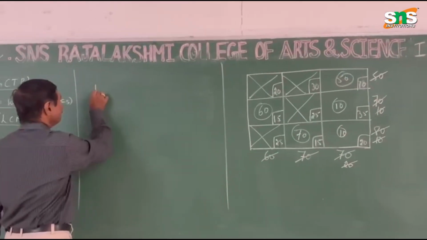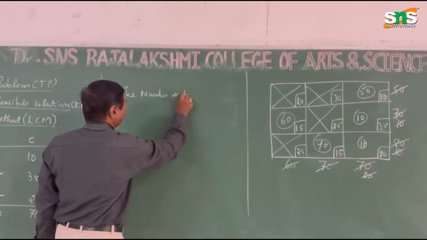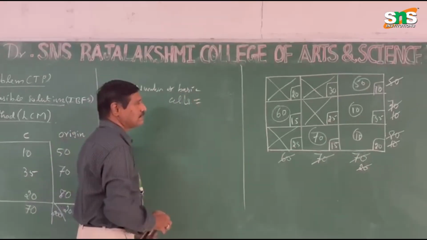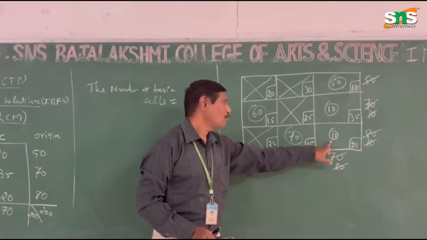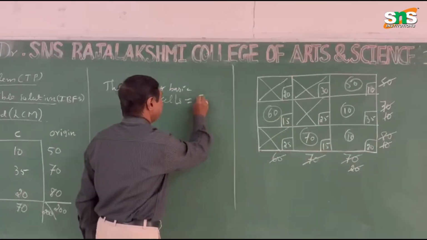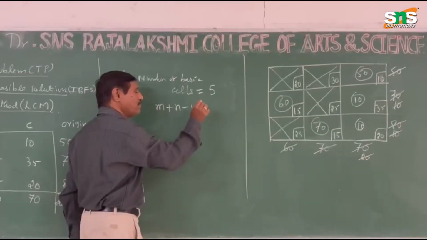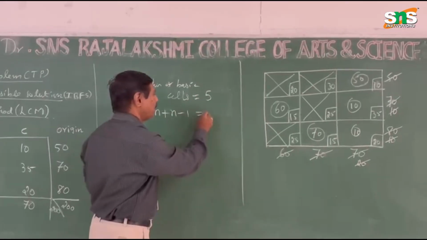Therefore, the number of basic or occupied cells: 1, 2, 3, 4, 5. There are 5 cells. Whether it is 5, more than 5 or less than 5, we check using the formula m plus n minus 1. m is the number of rows; here we have 3 rows.